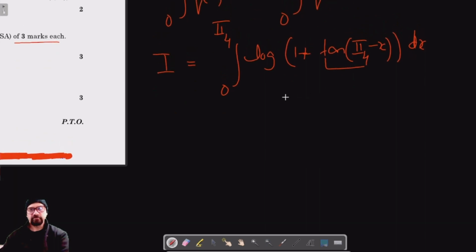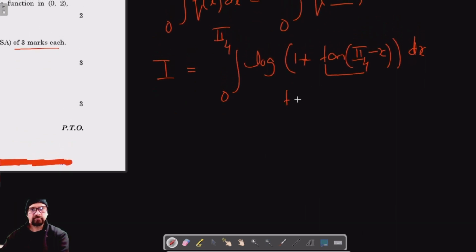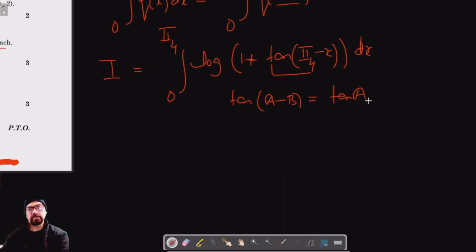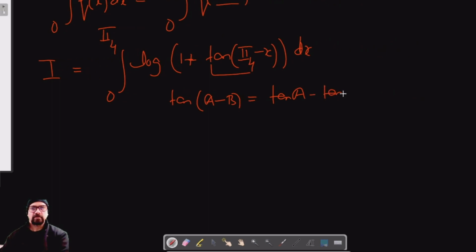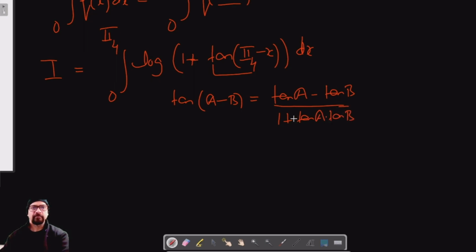Okay, so now this is the formula for tan a minus b. So tan of a minus b is equal to tan a minus tan b upon 1 plus tan a into tan b.